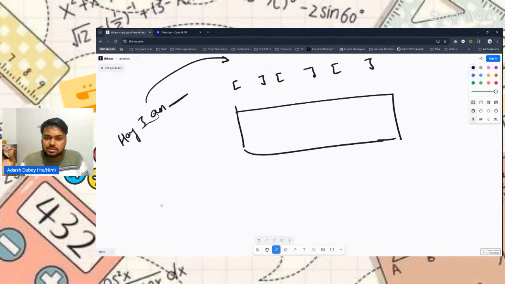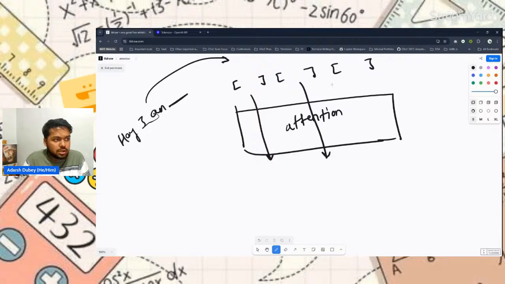There are 3 embeddings, and I need to generate the 4th embedding. This is the attention block which does the calculation. It will pass all these through, but the last one will be a special one, because it will be the answer of what we need.